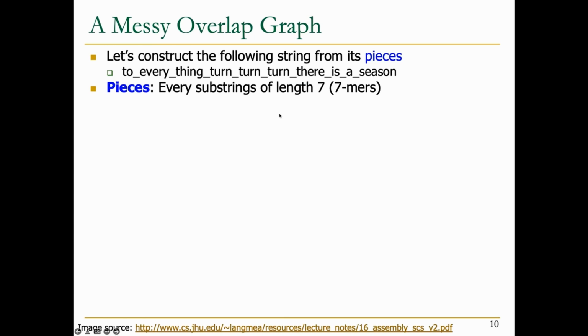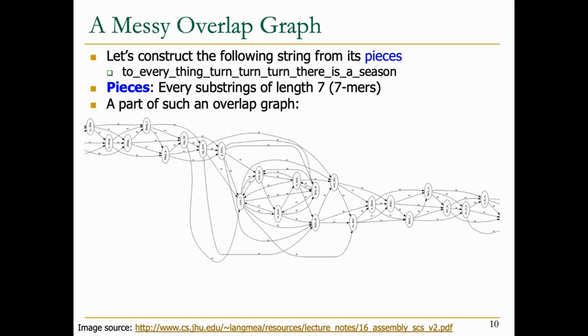If you wanted to create the graph as I explained in the previous slide, just a part of the graph would look like this. It's clear that there should be some cycles and some ambiguities. It's not really clear where we should start and where we should go so that we can fully construct this sentence from this graph. It's not really easy.